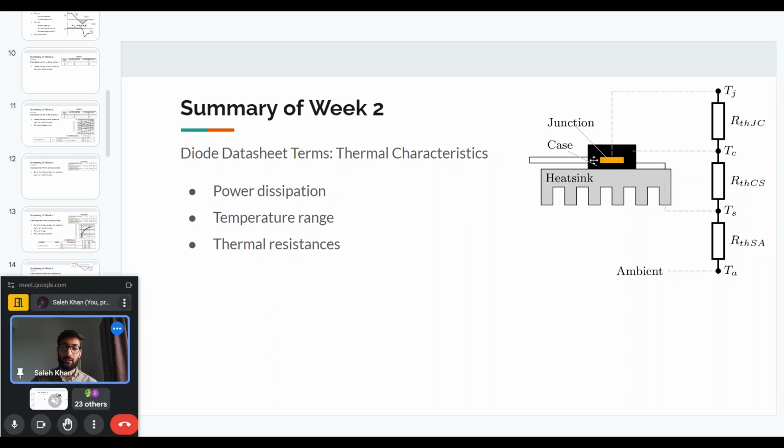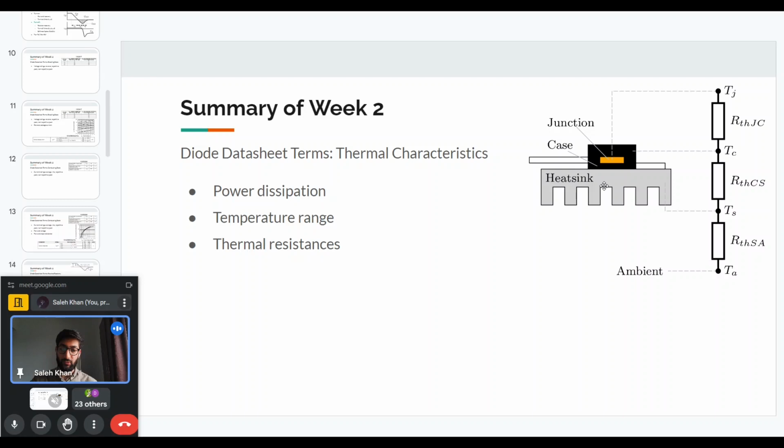Then around this chip, we have the casing of the device. This case we will usually put on a heat sink to dissipate the heat that the device generates. So the device will have different resistances between different points.